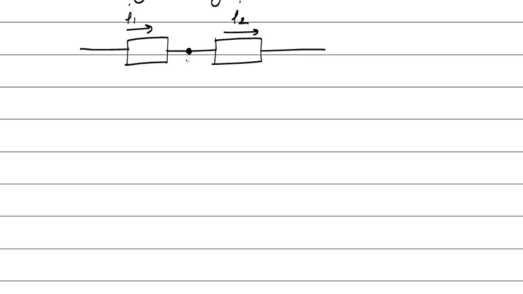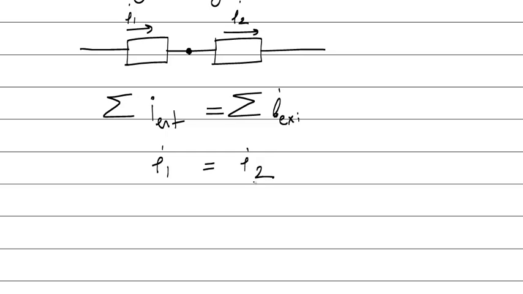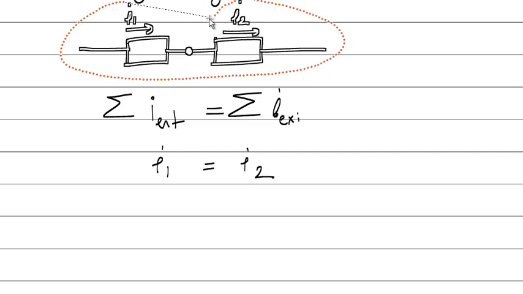KCL says on that node, the summation of entering currents is equal to the summation of exiting currents. What are entering currents? Only I1. What are exiting currents? Only I2. So if there are two components, it's very obvious that the coming current is equal to the going current. Okay, entering current should be equal to the exiting current.